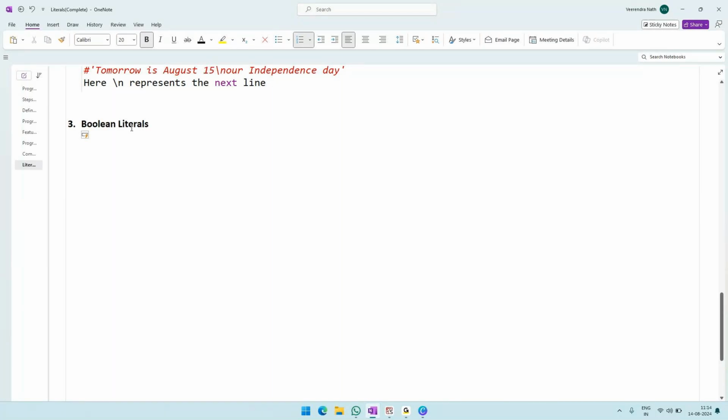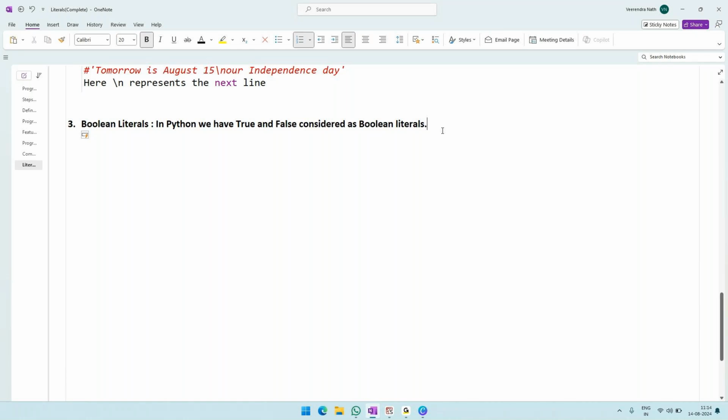When I'm talking about Boolean literals in Python, we have true and false, which are considered as Boolean literals.